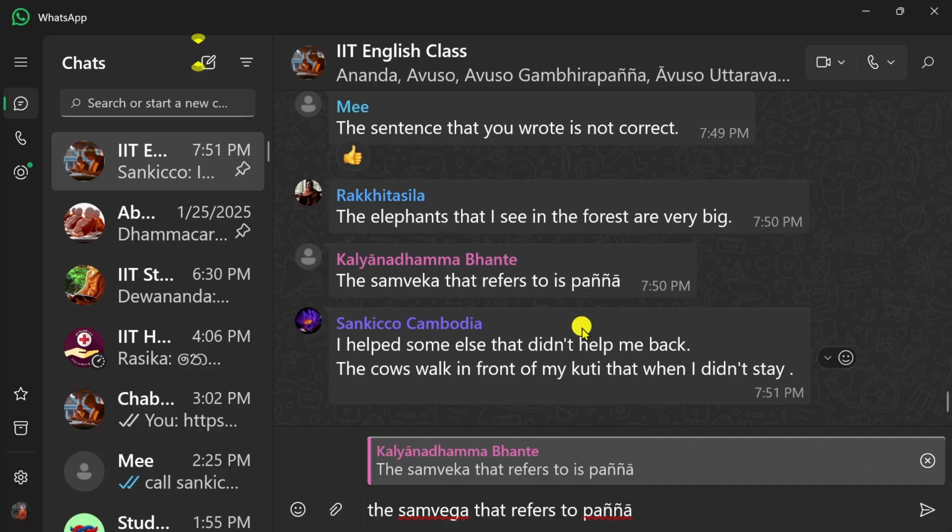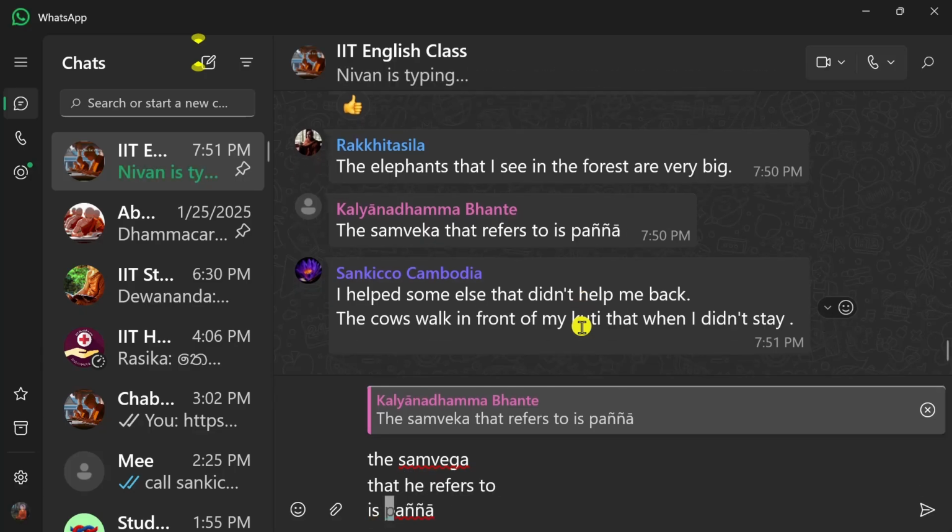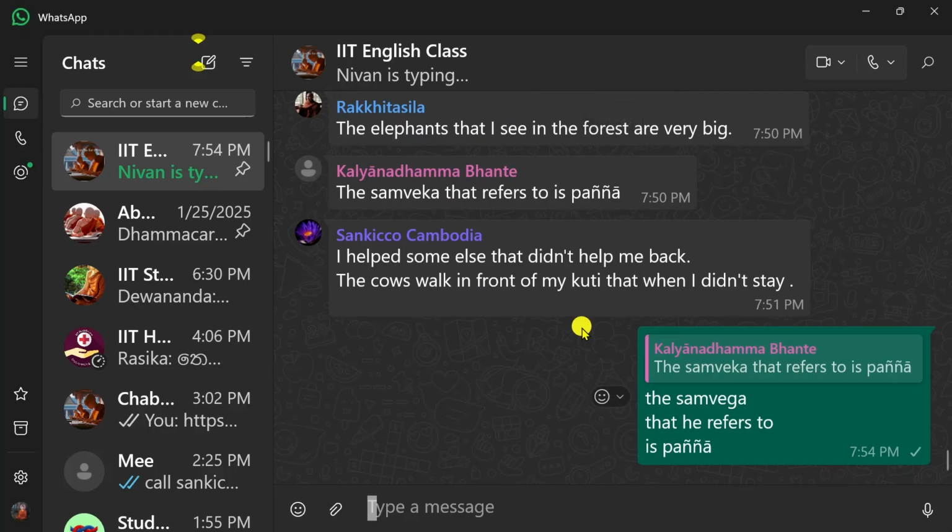Bante, okay, this is a little difficult. Maybe look at this. The São Vega is the beginning of the main clause, right? Later I correct your sentence, okay? One way of fixing it: the São Vega that he refers to is Panya. This is one way of writing it.